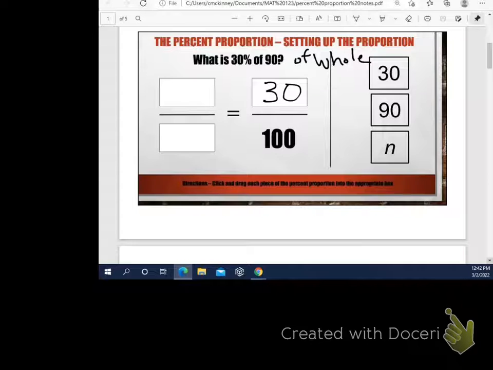So of 90 means 90 is the whole thing. And we don't know what the part is. We're looking for the part. I guess I should have used N because they had an N over here. But whatever letter, choose a letter. I'll put an N just so it's consistent with what we have there.